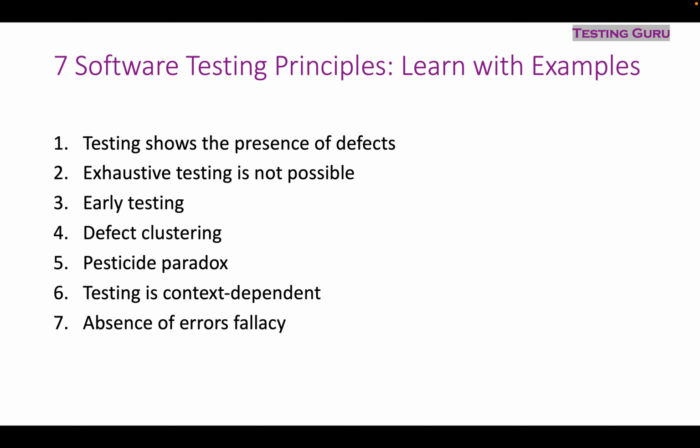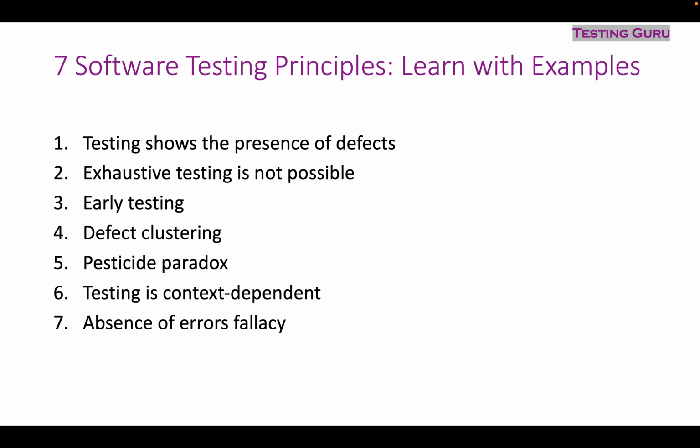To solve this problem, the next principle of testing is called early testing. Testing should start as early as possible once the software development lifecycle starts, so that any defects in the requirements or design phase are captured in the early stages. It is much cheaper to fix defects in the early stages of testing.